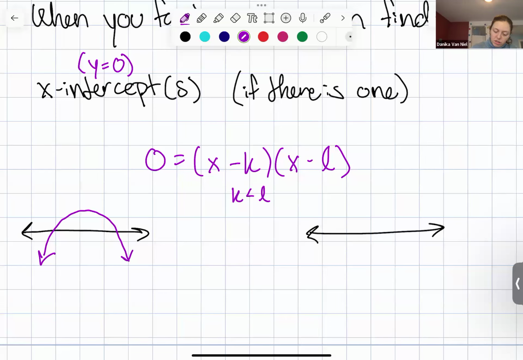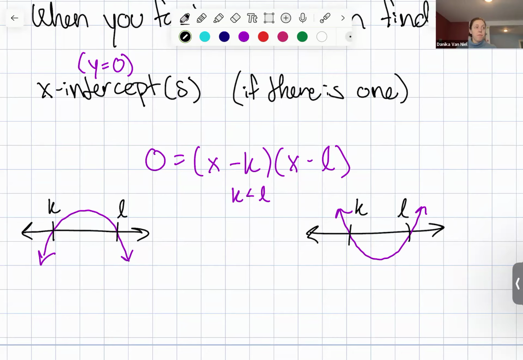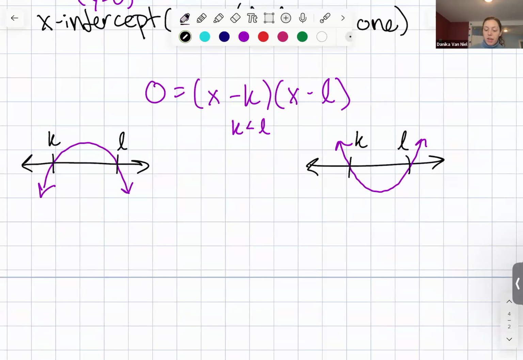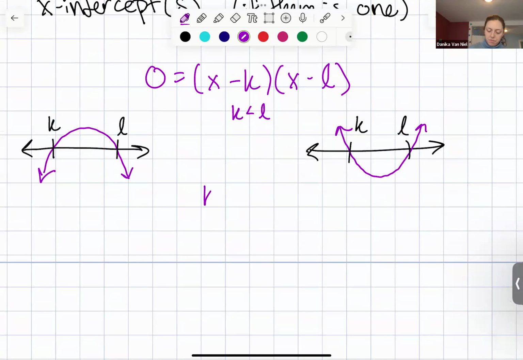So it could be that we look like this, or we could look like this. So this is K, this is L, this is K, this is L. But we could also have that K equals L. That's like our first one.